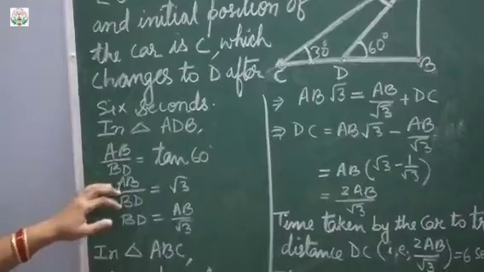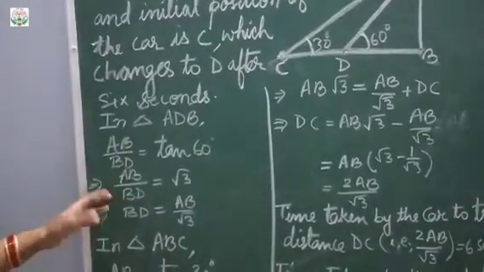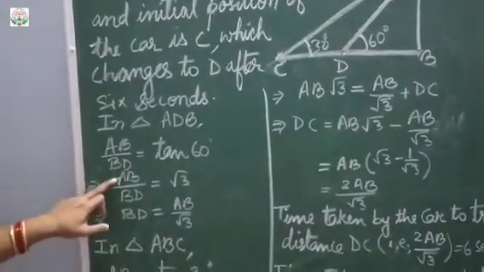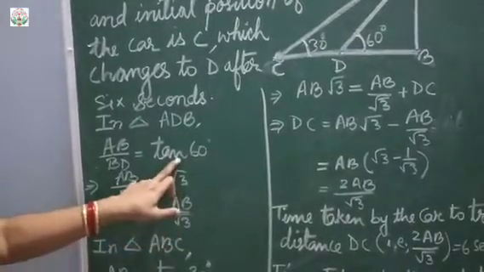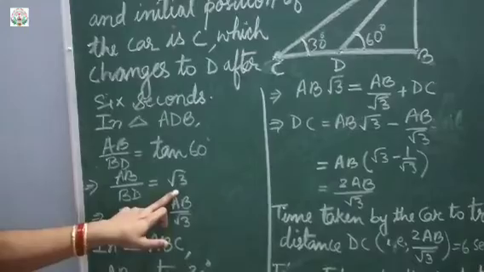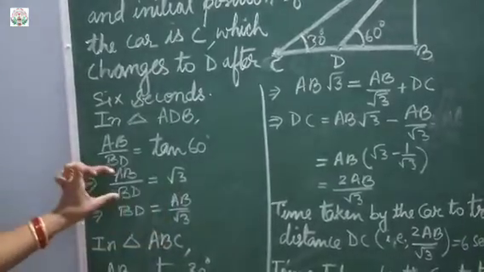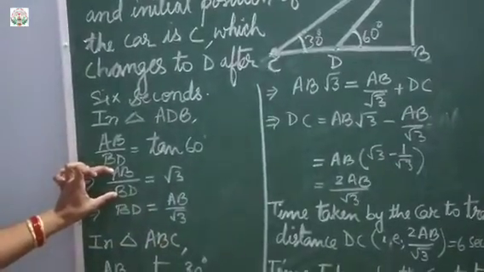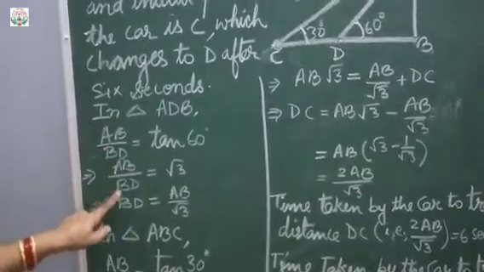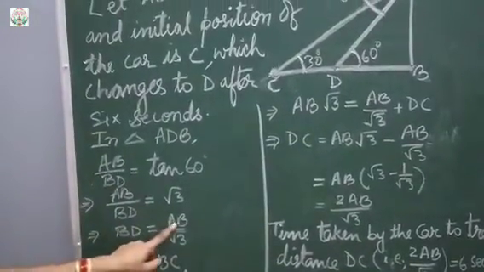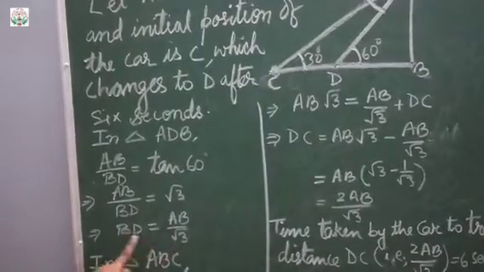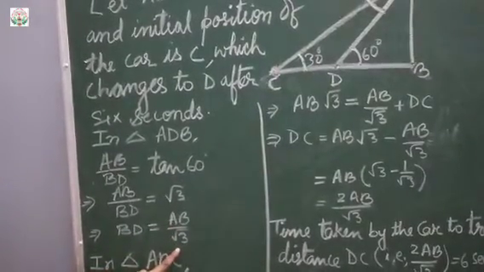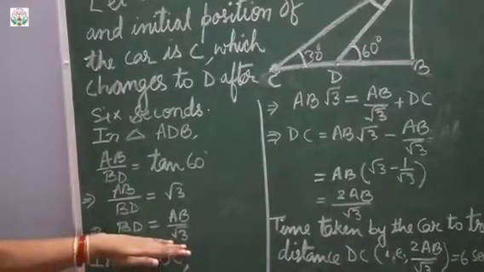AB and BD are both unknown to us, so let it be likewise: AB upon BD equals root 3. So BD will be equal to what? Cross multiply and we get AB upon root 3. Now the BD value is AB upon root 3. Leave it up to this.